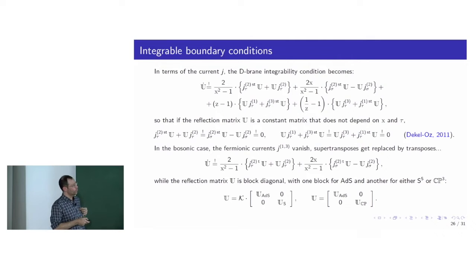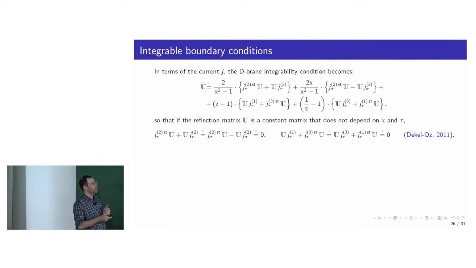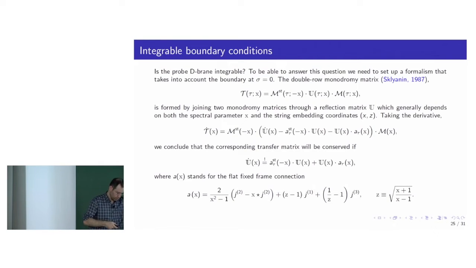The form of the reflection matrix in the bosonic case is just block diagonal, one part for AdS and the other part for the compact space. Our job would be to find the U, which we will plug into this formula and satisfy it using the boundary conditions that I showed you before. Then we can claim that the boundary conditions are integrable, because we can expand this matrix in the spectral parameter and obtain the charges as I showed you before.